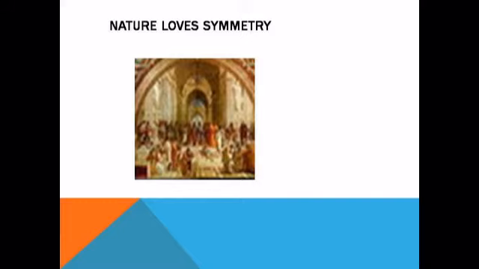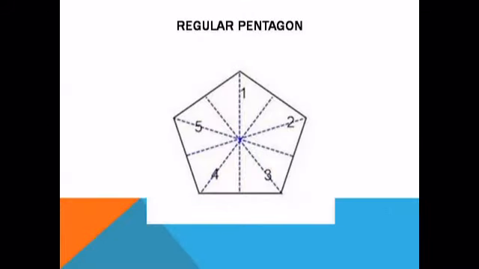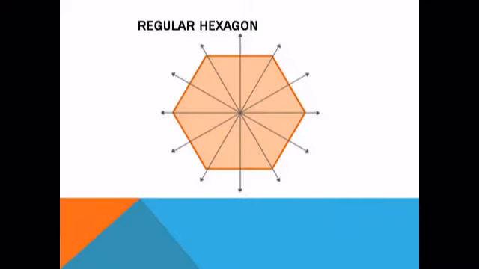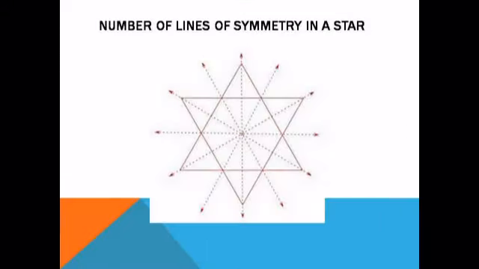Now we can apply symmetry to English alphabets, showing horizontal and vertical symmetry. Here the children can do their own activity, counting how many horizontal lines and vertical lines. For example, A, M, I, U, V, W, Y have only one line of symmetry, that is a vertical line of symmetry.